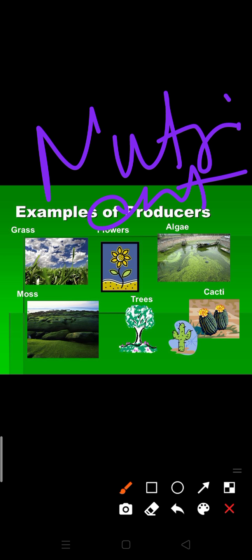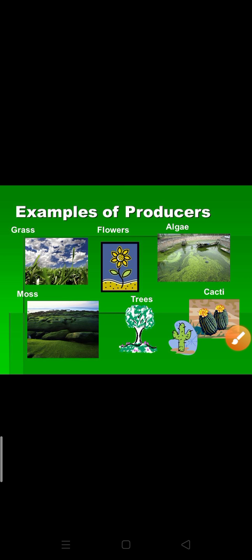So what is the main point we have to discuss here? The consumers. Consumers get all their energy requirement from producers, and producers are responsible for the production of carbohydrate. How is carbohydrate formed? You know very well, with the help of the photosynthesis process.